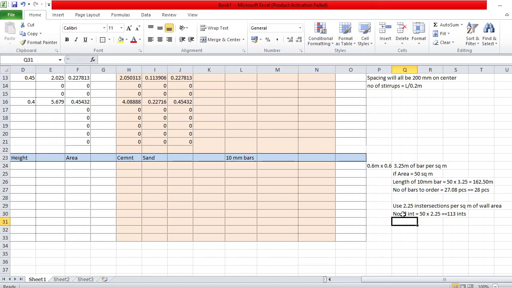Okay? Now, kilogram of your GI tie wires will therefore be equal to 113 multiplied by 0.3, divided by 52.